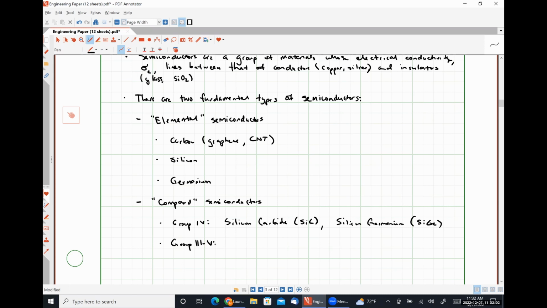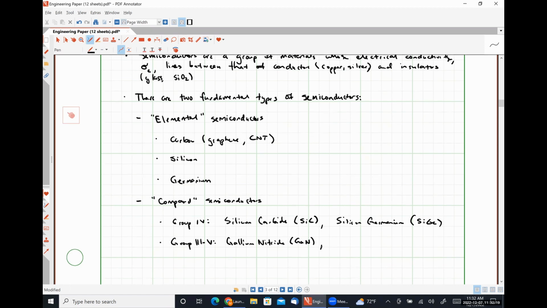Then we have group 3-5 semiconductors like gallium nitride, or as the folks at the Air Force, when I worked there, like to call it GaN. Indium antimonide. So this is InSb.